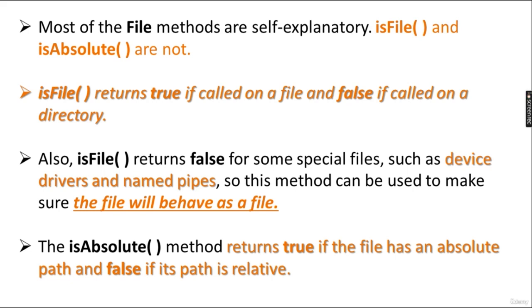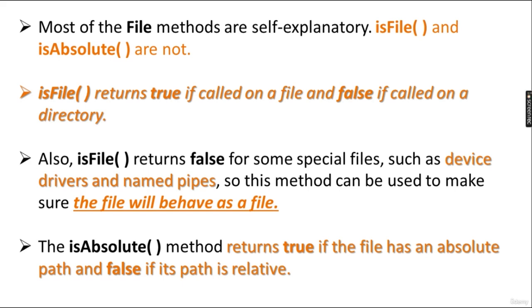The isAbsolute method returns true if the file has an absolute path and false if the path is relative. An absolute path starts with the drive name and goes up to the end, giving the path of the file. For example, if your xyz.java file is located in the D drive, and in the D drive there is a folder ABC, in that folder you have another folder DEF, in that another folder MNO, and so on.